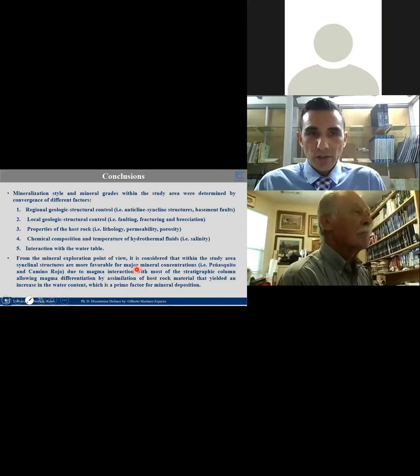Also, the local geologic structural controls, such as faulting, fracturing, and sometimes dilation, either in the igneous phases or intrusions or in the host rock. Properties of the host rock, such as lithology, permeability, or porosity, chemical composition and temperature of the hydrothermal fluids, and interaction with the water table.